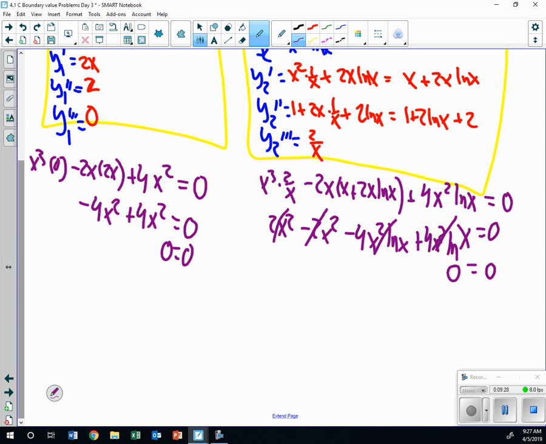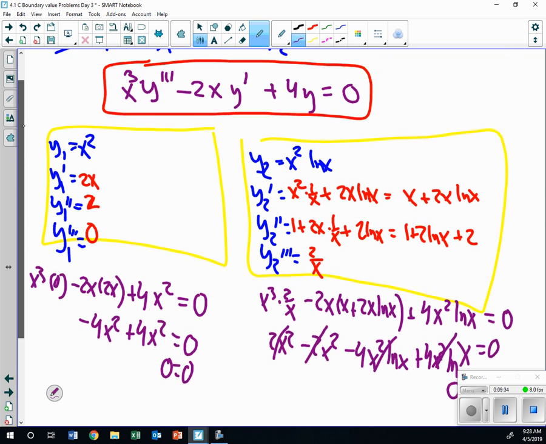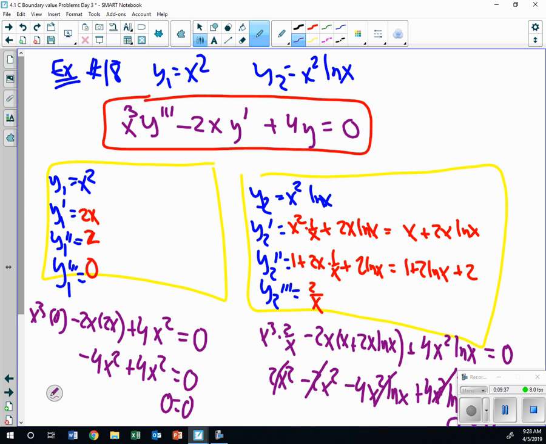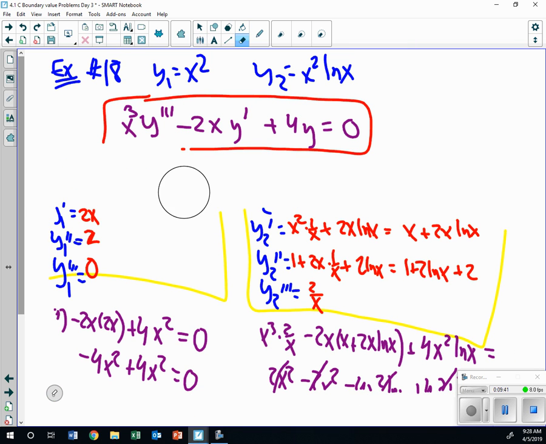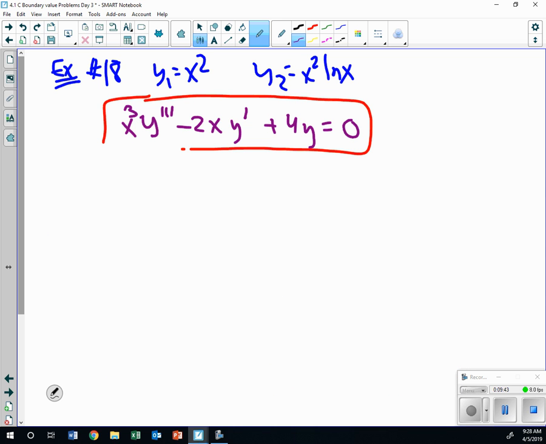So what? Who cares? Well, what they're trying to show is that what if my solution was a combination of these two? So we verified those. But what if we said, all right, these I showed are solutions. Now I'm going to come up with another solution.